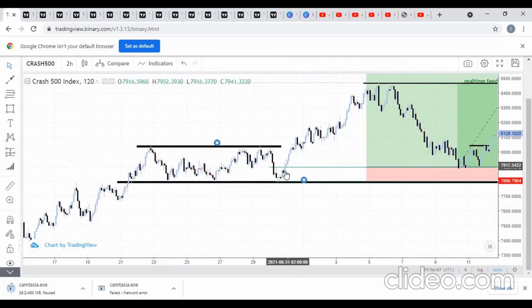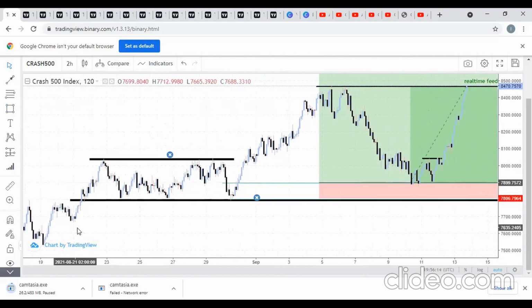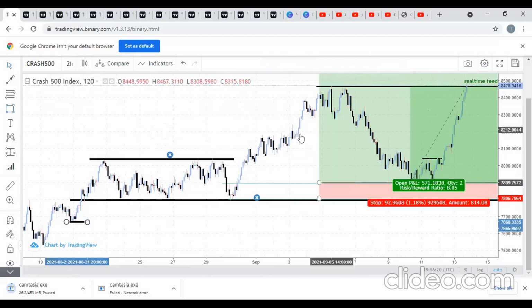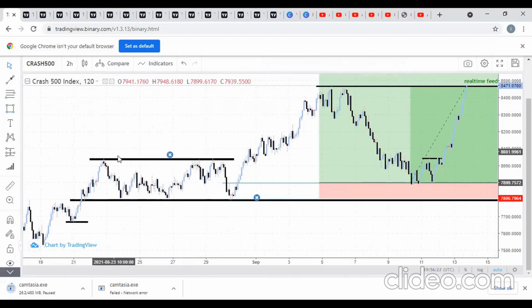But before we get into this region, you want to see how price moved, right? Price made this low. Then price made this particular high.